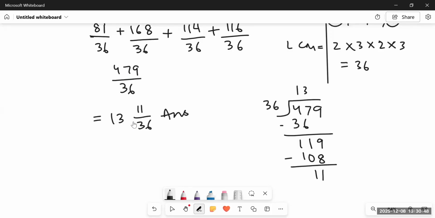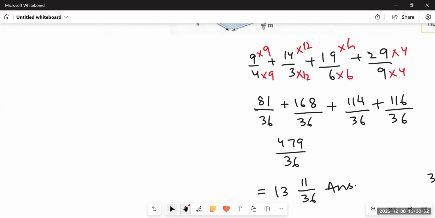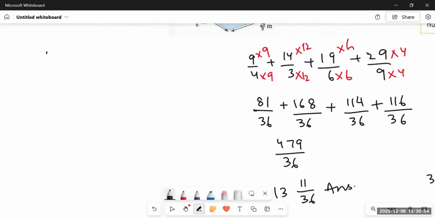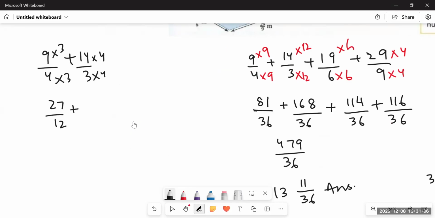That's one method. We can do another method as well, which is solving two fractions together. 9 over 4 plus 14 over 3. So multiply 4 with 3, 3 with 4, which gives us 27 over 12 plus 14 fours are 56 over 12. And we will add 56 with 27, which is 83 over 12.